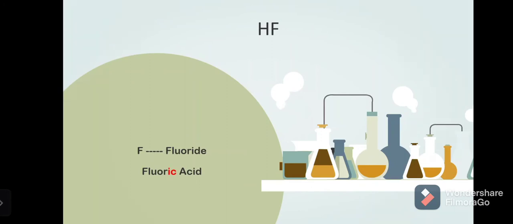Then for the hydrogen, the hydro will stay, and we will just add the fluoric and acid. So then the binary name for the chemical formula of HF is hydrofluoric acid.